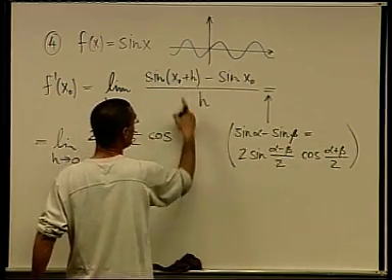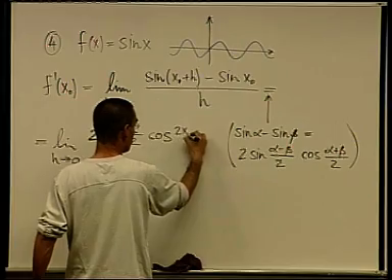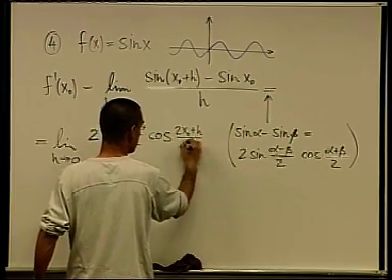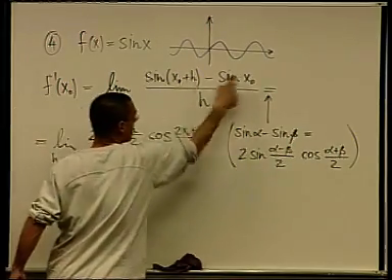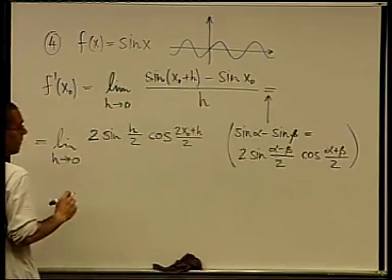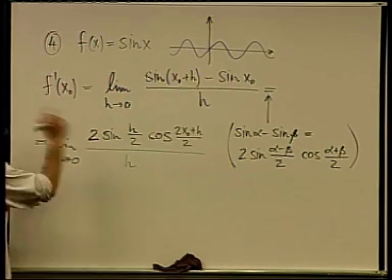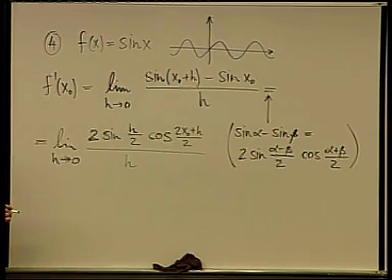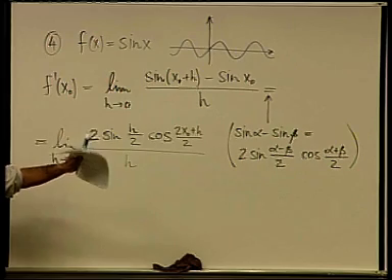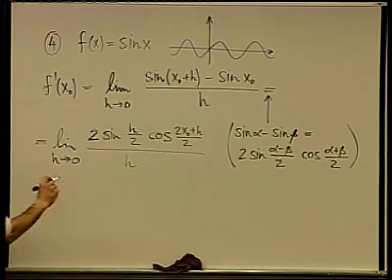So the sum is what? Is 2x0 plus h divided by 2. That's the sum of the arguments of the sines. And all of this divided by h. Do you agree that this is what we get? Say yes. Yes. Thank you. Okay.